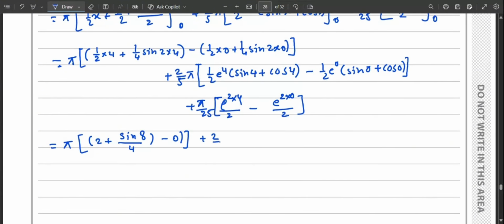Then I have 2 by 5 pi into half e to the power of 4 sine 4 plus cos 4 minus half into 1, or half. Then for the last term I have pi by 25 into e to the power of 8 by 2 minus 1 by 2.